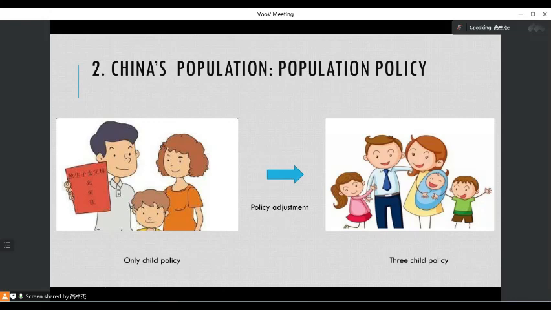I don't know if the expression is correct. 女儿是父母的小棉袄. Can you translate this word?